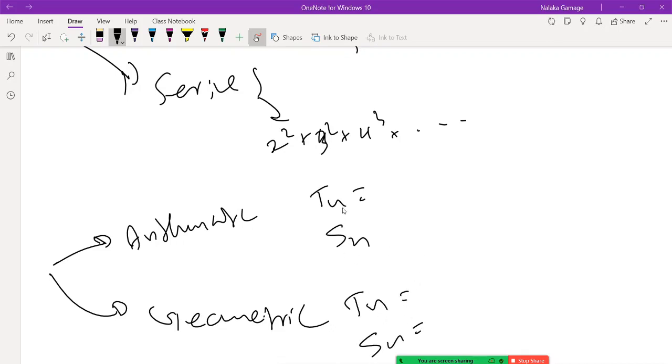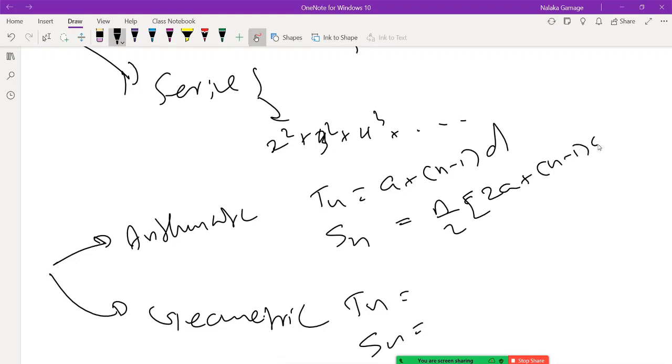In arithmetic sequence, Tn is a plus n minus 1 times d. By just looking at the pattern you can write it. And Sn you can write in two ways. First way is n divided by 2 times 2a plus n minus 1 times d.